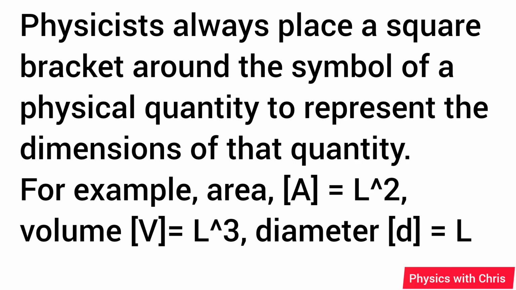So whenever the quantity is enclosed in a square bracket, it means that we require the dimension of that quantity. Look at volume. The symbol is V. If I need to write down the dimension of volume, I have to place it in square brackets and then equate it to L cubed, which is the dimension of volume.